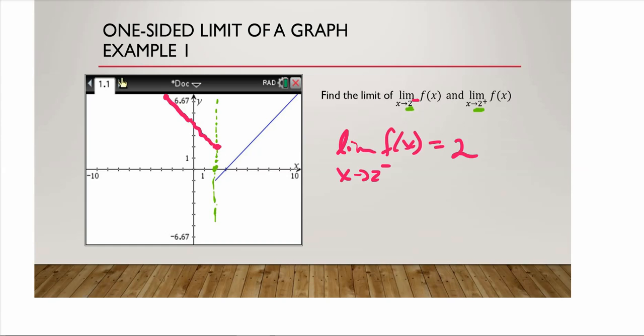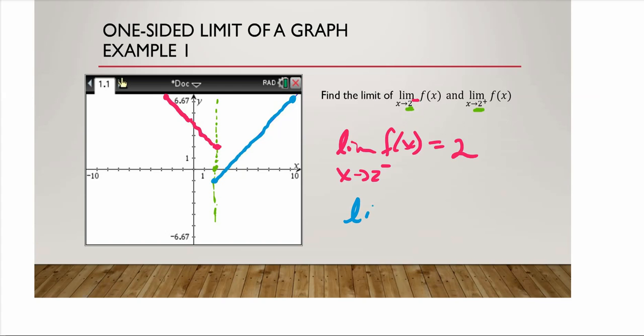Now let's look at the right side. On the right side, remember I'm approaching this 2 here from the right side. So I'm on my path and I'm reading it from right to left now because we're trying to arrive at 2 from the right side. So as I'm coming from the right side, I'm going to hit that dot when I arrive at that asymptote that I drew.